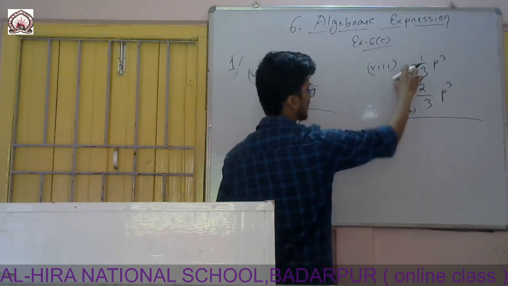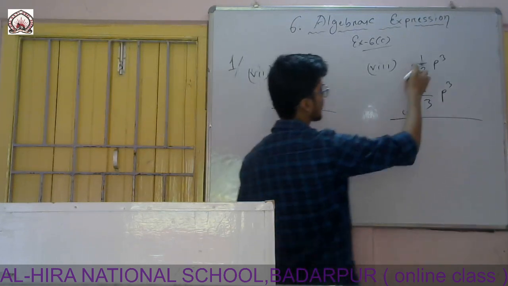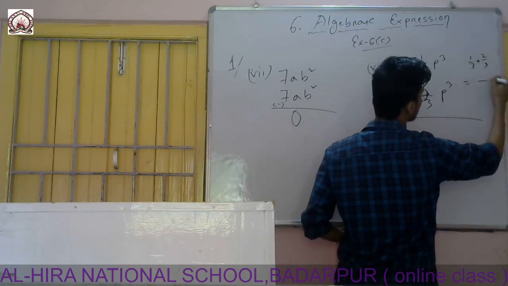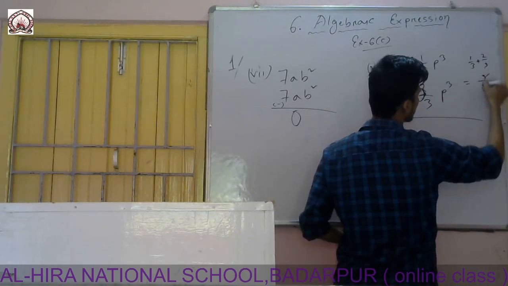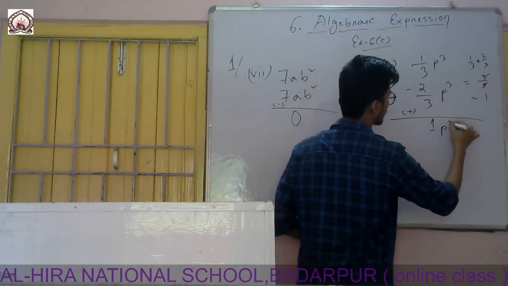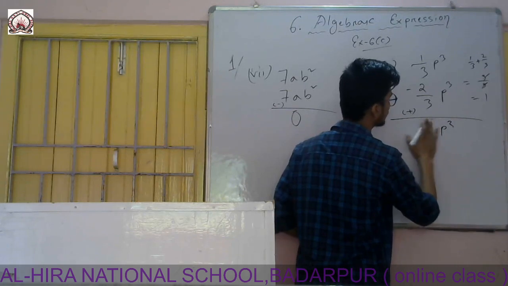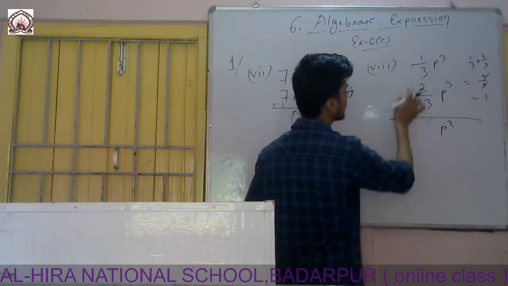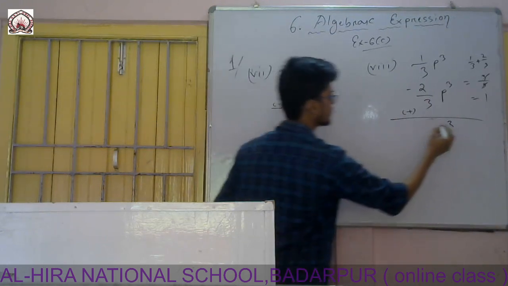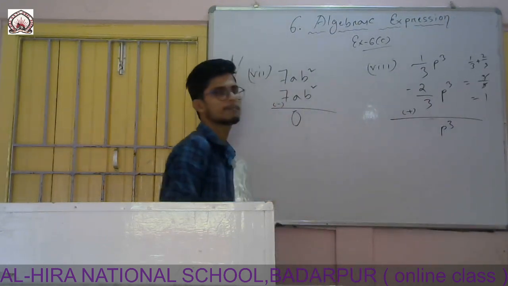Okay, so plus, plus, it is plus. So 1 by 3 plus 2 by 3, you simply add, it will be 3 by 3. So that means the answer is 1. So 1 p cube. No need of writing 1, simply you write p cube, and both the signs are positive, so the answer will be positive. So the answer is only simple p cube. Okay.